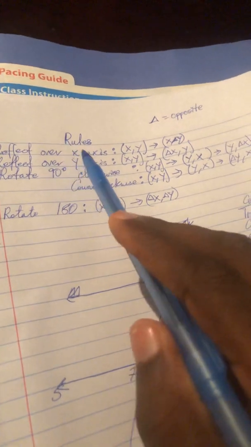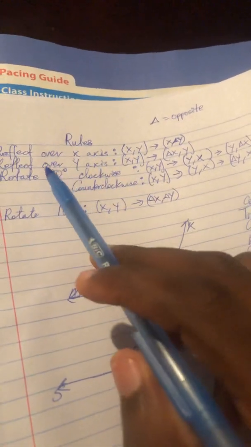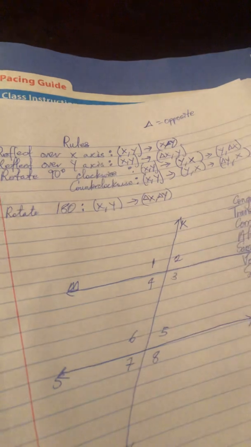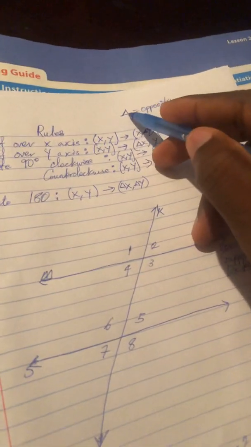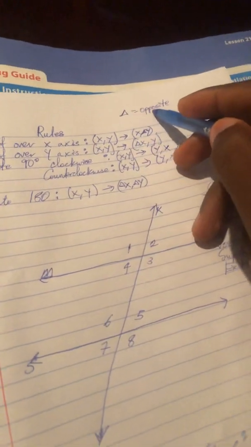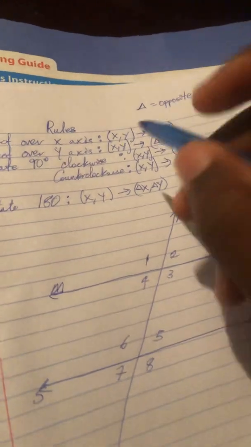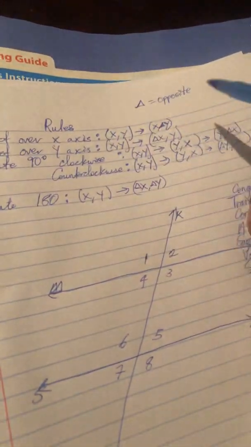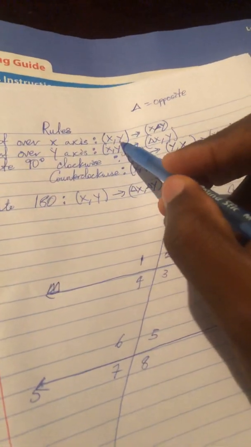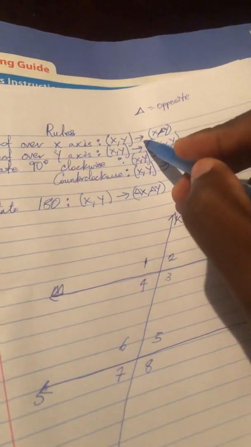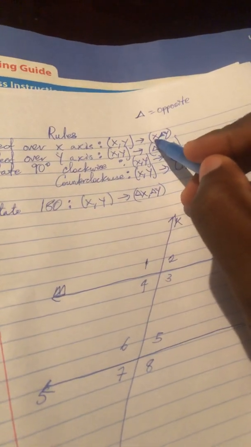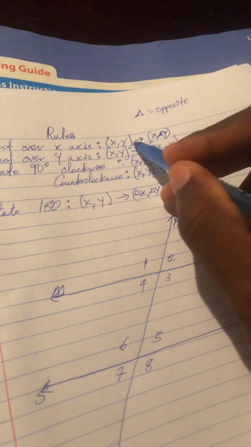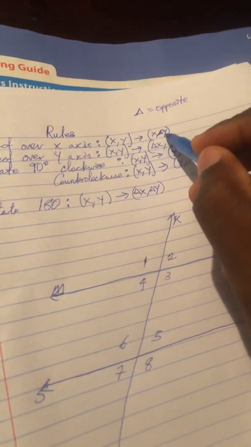You can reflect over the x-axis and you can reflect over the y-axis. Okay? So anytime you see this little triangle, it means the opposite. When you're reflecting over the x-axis, your original x and y coordinate, you're going to keep your x coordinate the same, but you're going to make whatever your y coordinate is opposite. Okay?